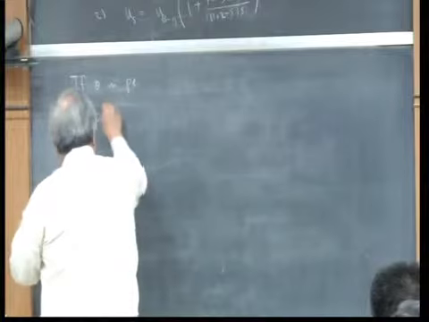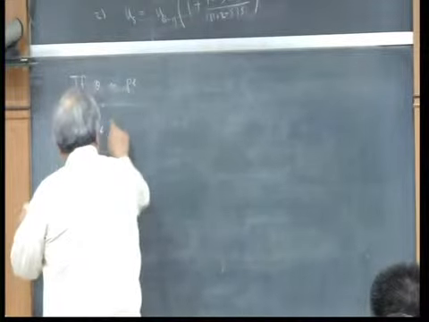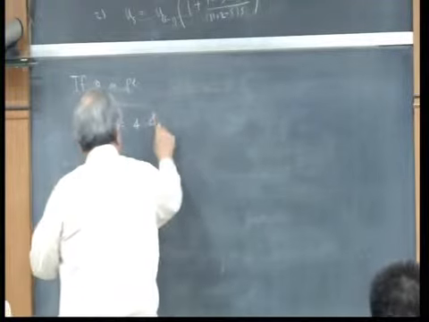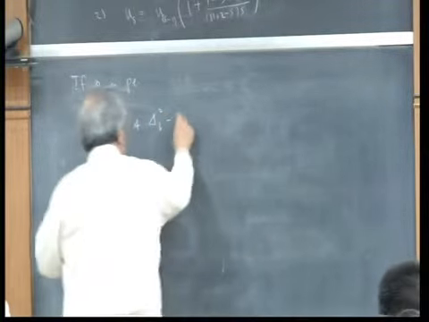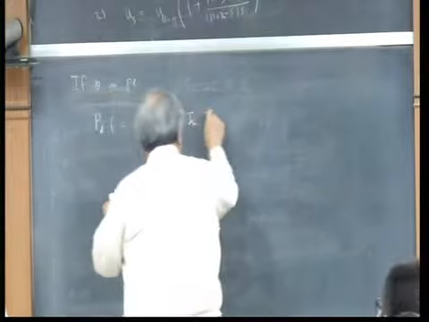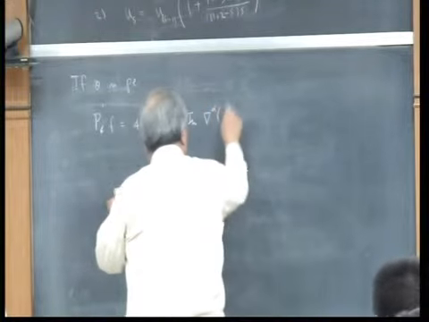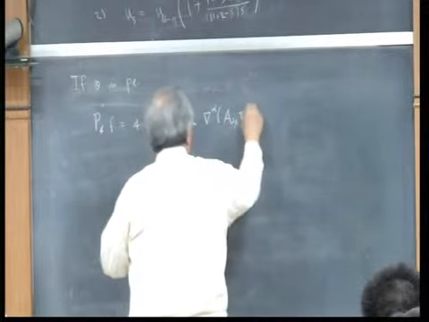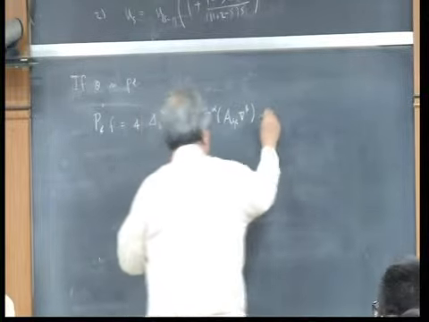P4 prime of F is just 4 times the sub-Laplacian squared minus 8 times the imaginary part of this derivative A alpha minus 4 real part.